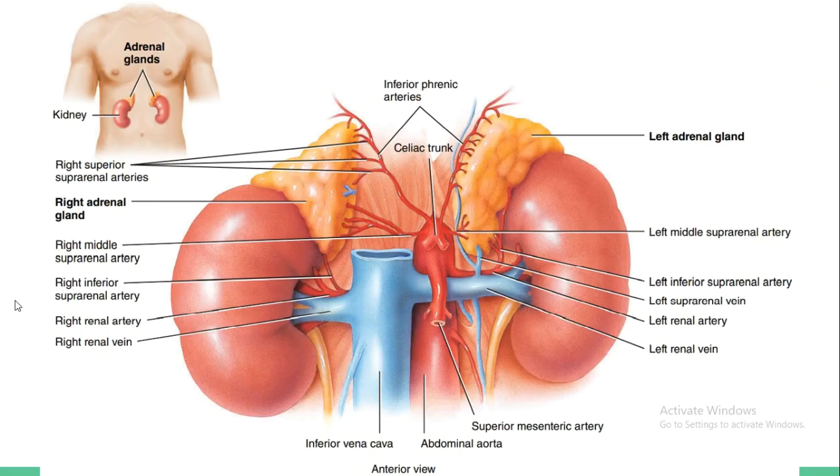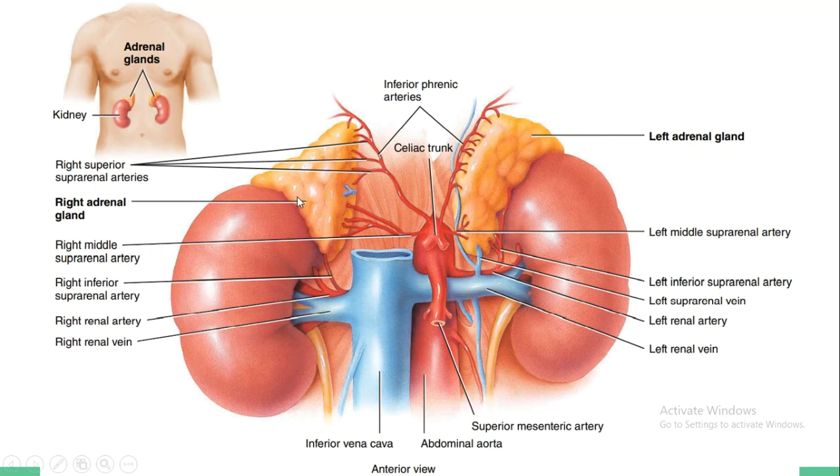The figure below shows the structure of the kidney, showing the adrenal glands located on top of the kidneys, the right and the left. So then, you find the splenic tract that supplies the adrenal glands, hope it is being seen, it's here. The inferior phrenic arteries supply the adrenal gland, the left middle suprarenal artery supplies the left adrenal gland, and the left inferior suprarenal artery the same.